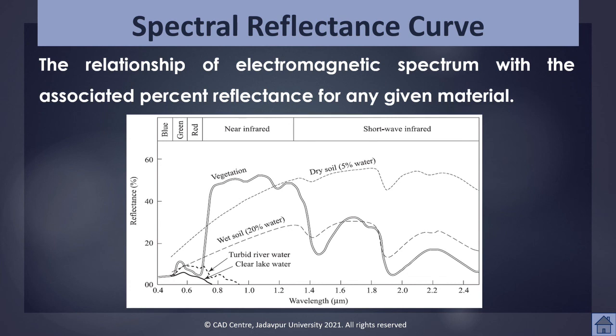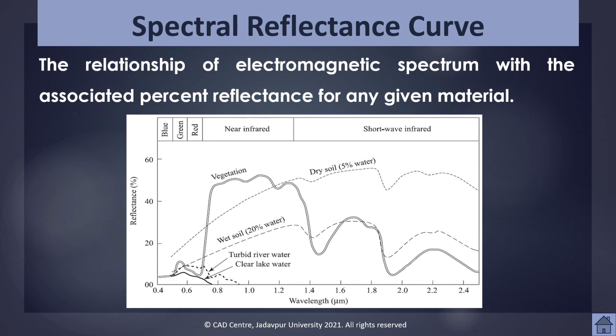In fact, measuring and monitoring the near infrared reflectance is one way that scientists can determine how healthy or unhealthy the vegetation may be. Healthy vegetation reflects more near infrared light than unhealthy vegetation.